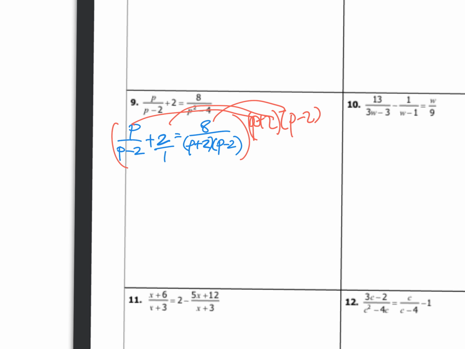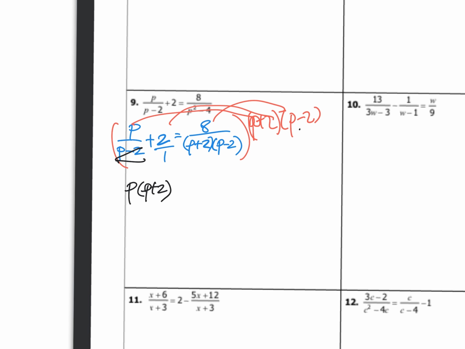Focusing on this first term, the P minus 2 will divide out with this P minus 2. So what I'm really multiplying is P times P plus 2. Once again, notice that the P minus 2 would divide with this P minus 2. Let's look at the second term. What we're going to be multiplying here is the 2 with this right here. Nothing cancels out, because the denominator is just 1.